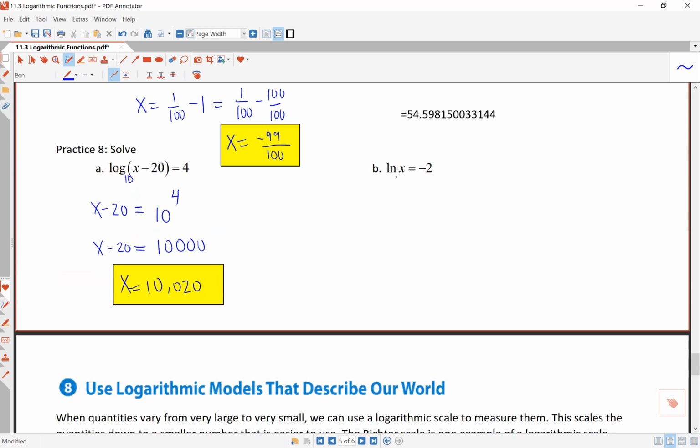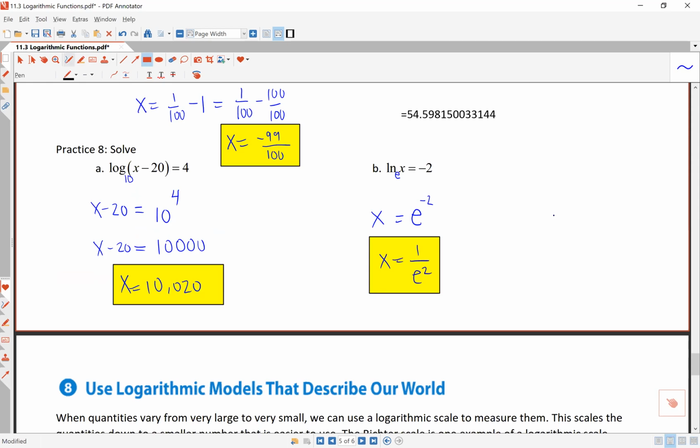Natural log of x. There's a base of e sitting there. Negative 2 is the power on e to equal x, where x is equal to 1 over e squared. That would be the exact answer.